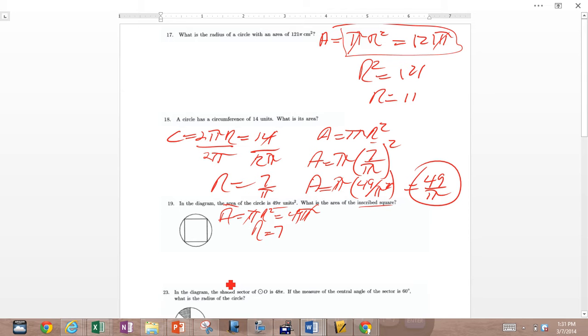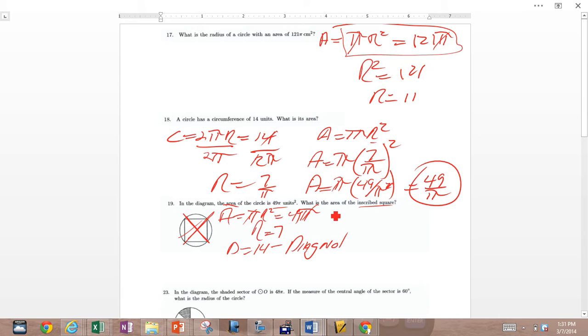If we come over here and we look at the radius is 7, that means the diameter is 14. So now we have a circle. The diameter is 14, but the diameter is also the diagonal of the square. And we know that a square is a rectangle, which has congruent diagonals, so the other diagonal is 14.